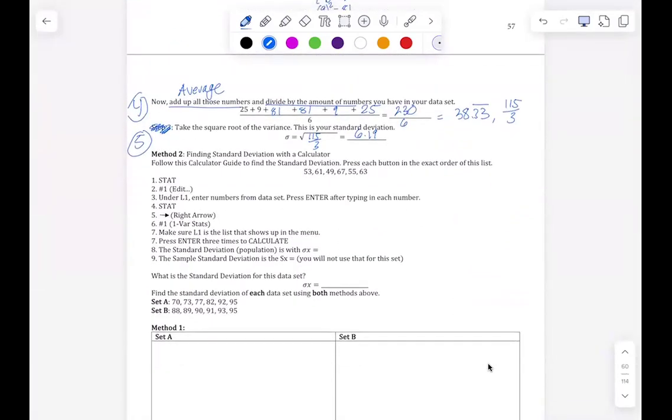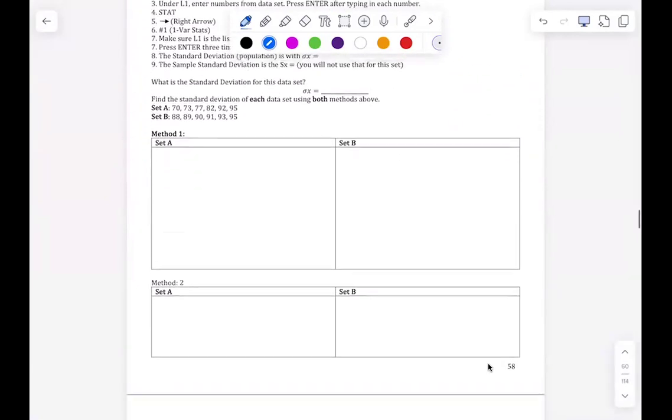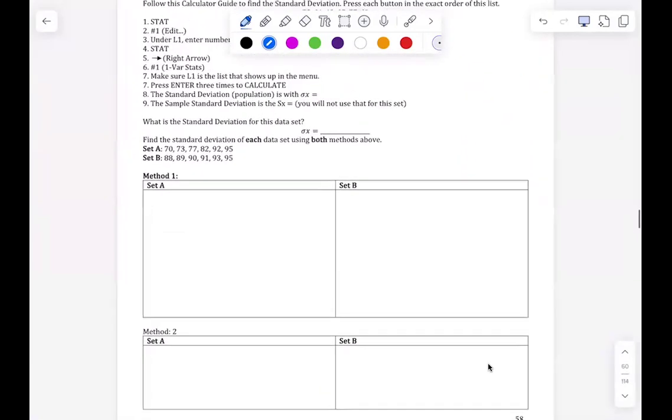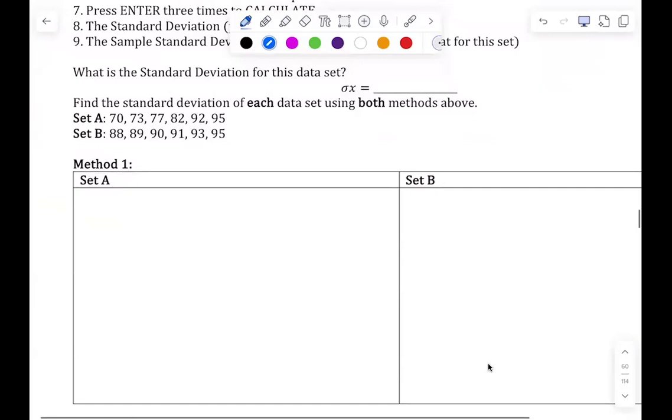We're not going to do the calculator version yet. I want to do a couple by hand first. So set A, let's go ahead and write it down. 70, 73, 77, 82, 92, 95. What was our first step for this one?